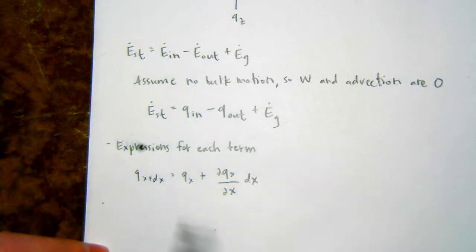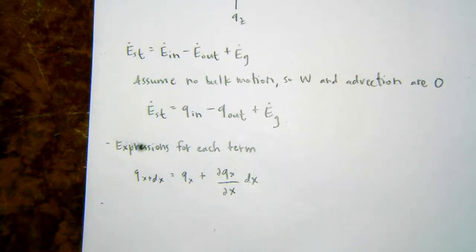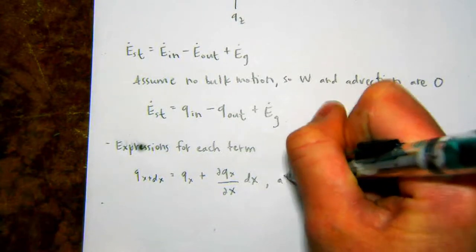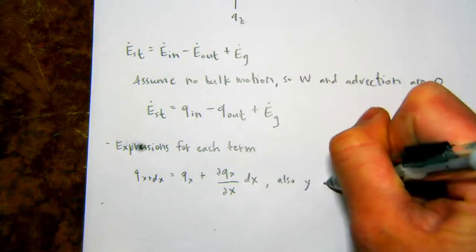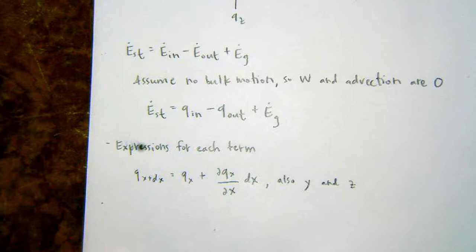So this is basically saying at the exit you have the heat rate at the inlet plus however much that's changed times the distance that you've gone. So you end up with just a small change from your initial q sub x. And this can apply to y and z as well. So you have the same expressions, just with x replaced with y and z.